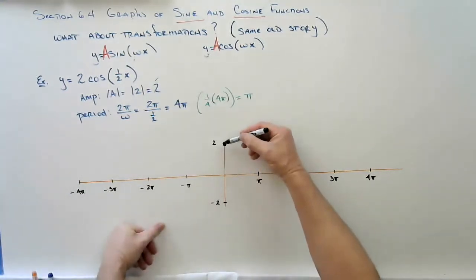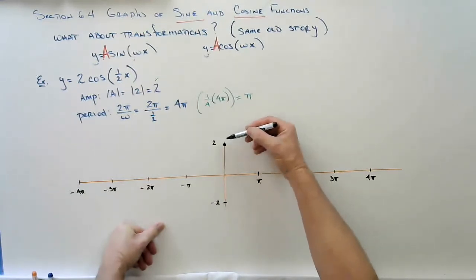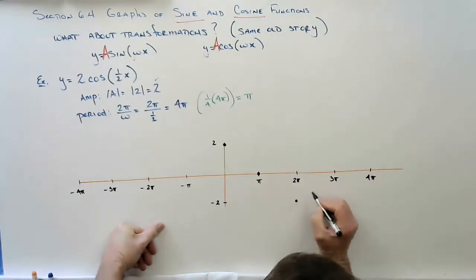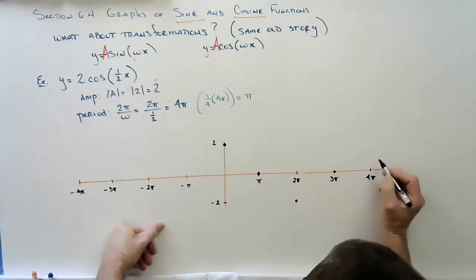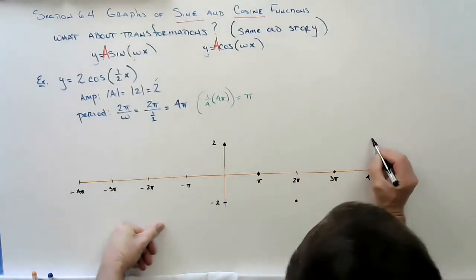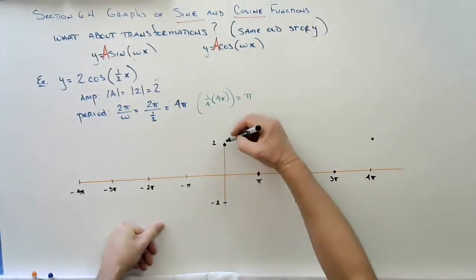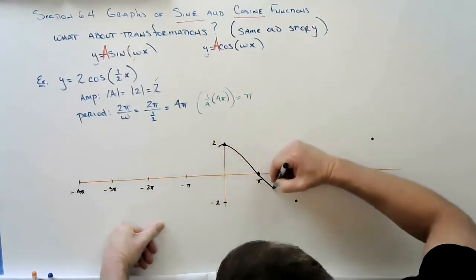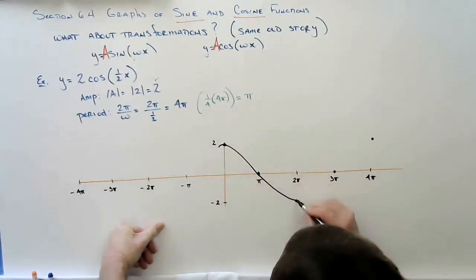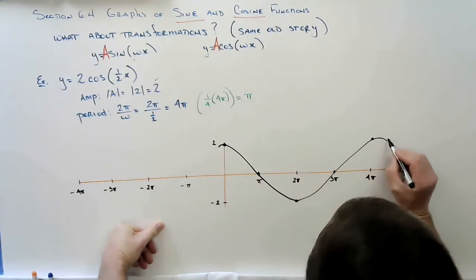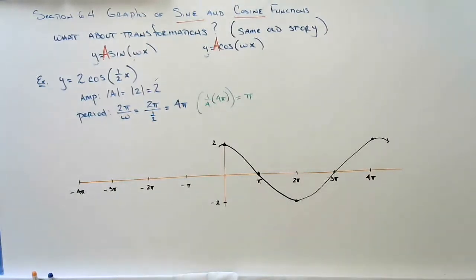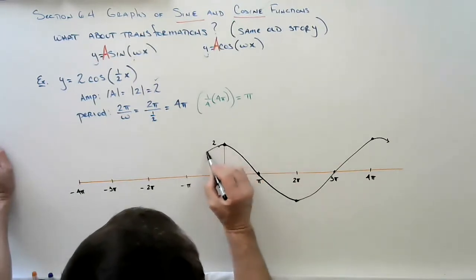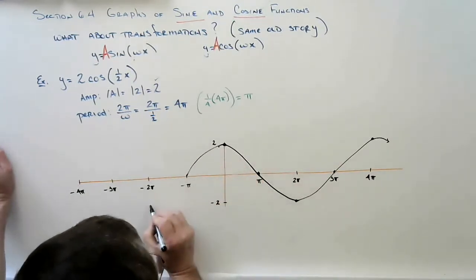Cosine gets a dot there. Then this dot goes at 0. This dot goes below. This dot goes back at 0. This dot goes above. That's our basic cosine graph. Our basic cosine graph, right, looks like this. Put an arrow because it keeps going. And then over here, because cosine's even, y-axis symmetry, it goes through there.